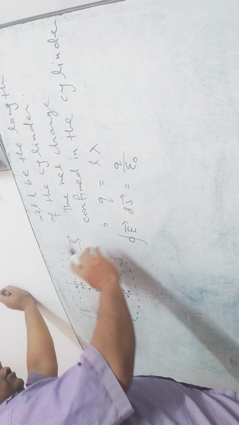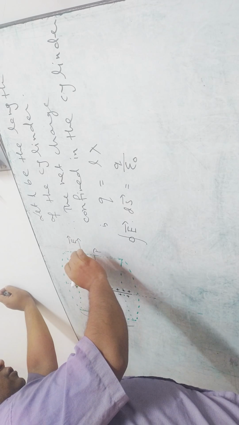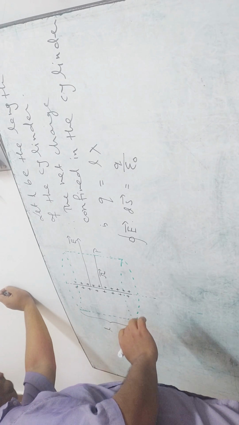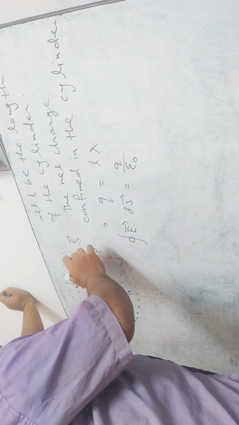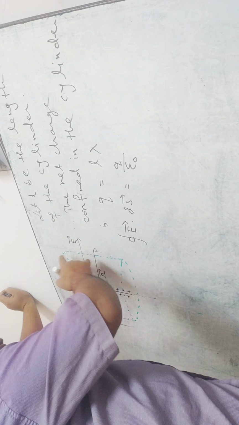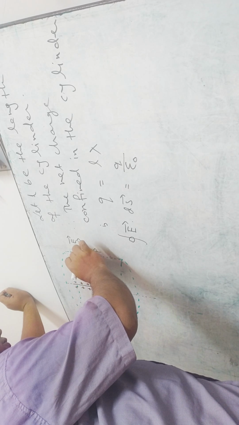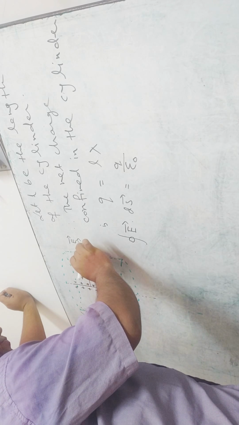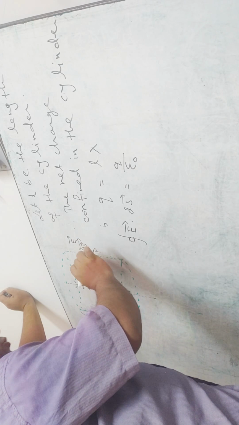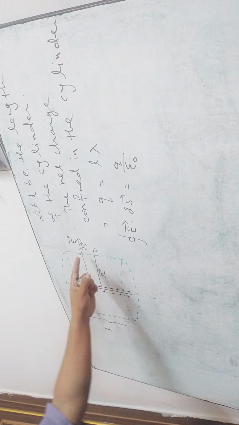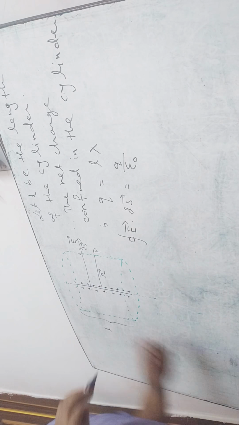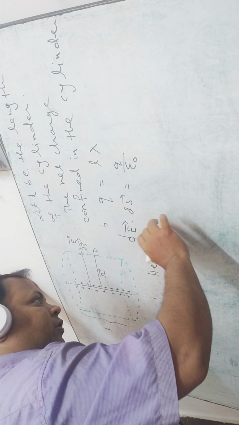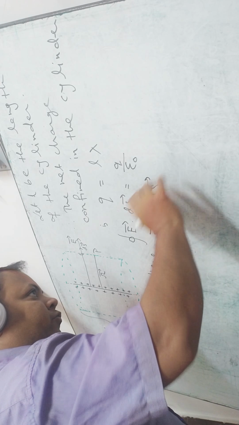Therefore, the direction of the electric field and the area vector are parallel to each other. We know that the area vector acts normal to the surface. Therefore, E and ds are parallel.